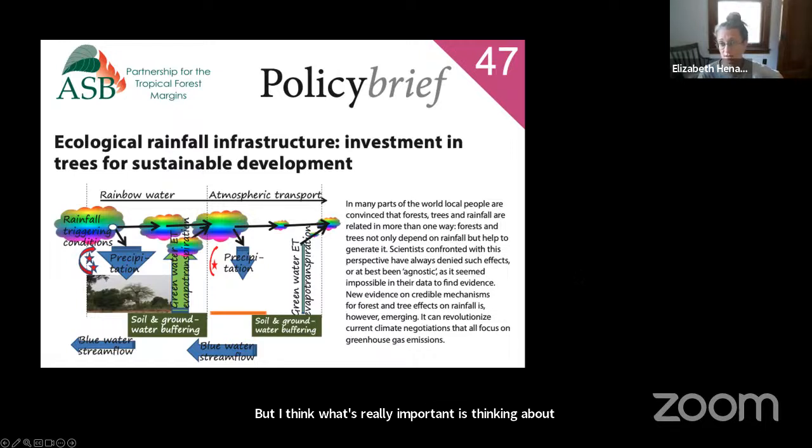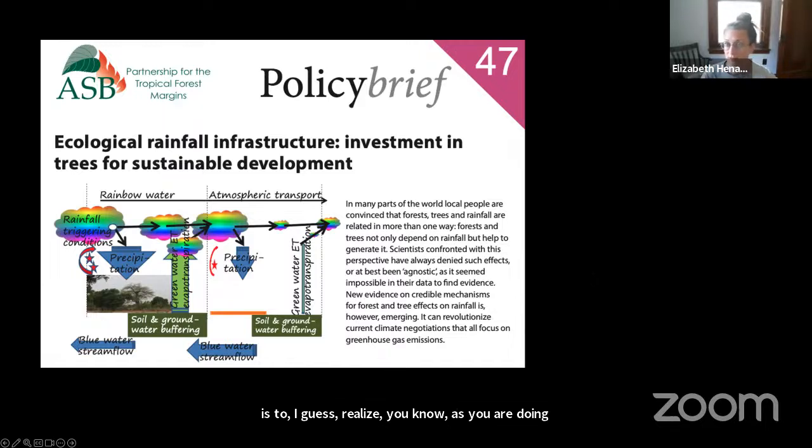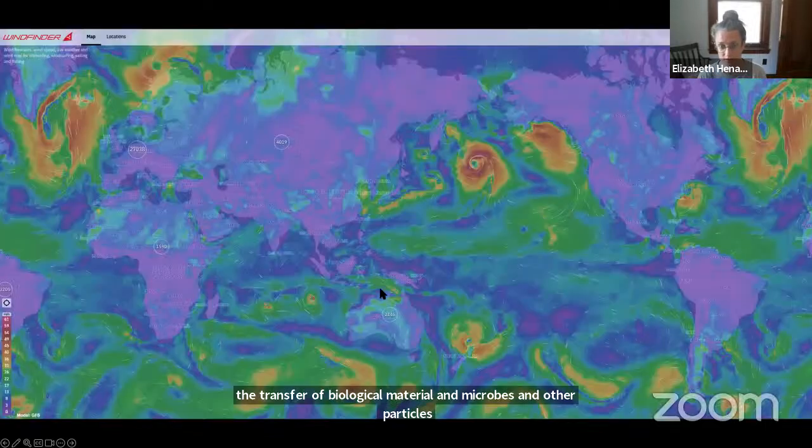So this is the call to action: to realize, as you are doing your regional studies, that the biology of each one of our regions does impact planetary scale phenomena such as climate and weather, and a lot of that impact is mediated by the transfer of biological material and microbes and other particles from one region to another, and its impact on precipitation.